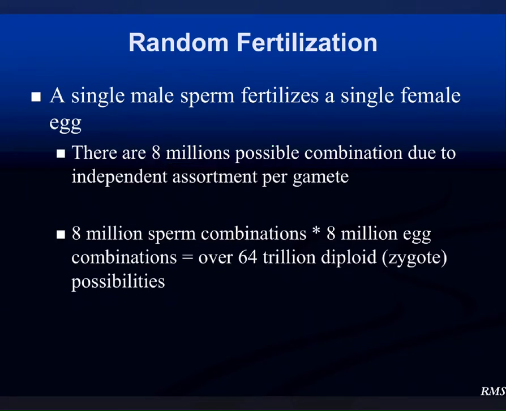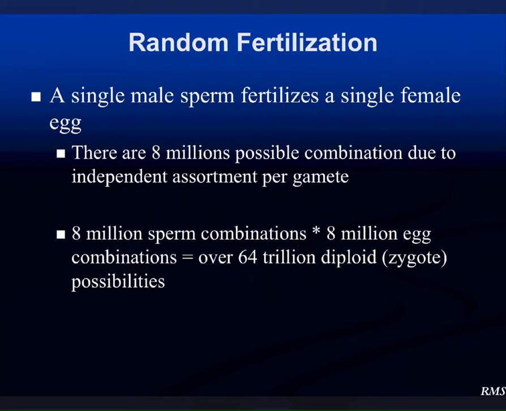So you could have a sperm with 8 million combinations and an egg with 8 million combinations. So if you take the probability of those 8 million multiplied by the factor of those 8 million, you're going to have over 64 trillion different possibilities in the genetic outcome of that individual.